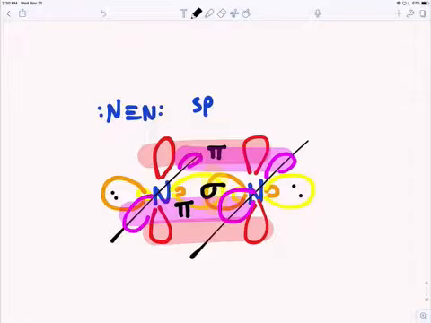Okay, so here is diatomic nitrogen, and I'm showing you it's going to have an sp hybridization. There's a sigma bond here, and nitrogen is going to have a sigma bond alongside that. There's going to be a pi bond here, and a pi bond here. This actually is not how it works.